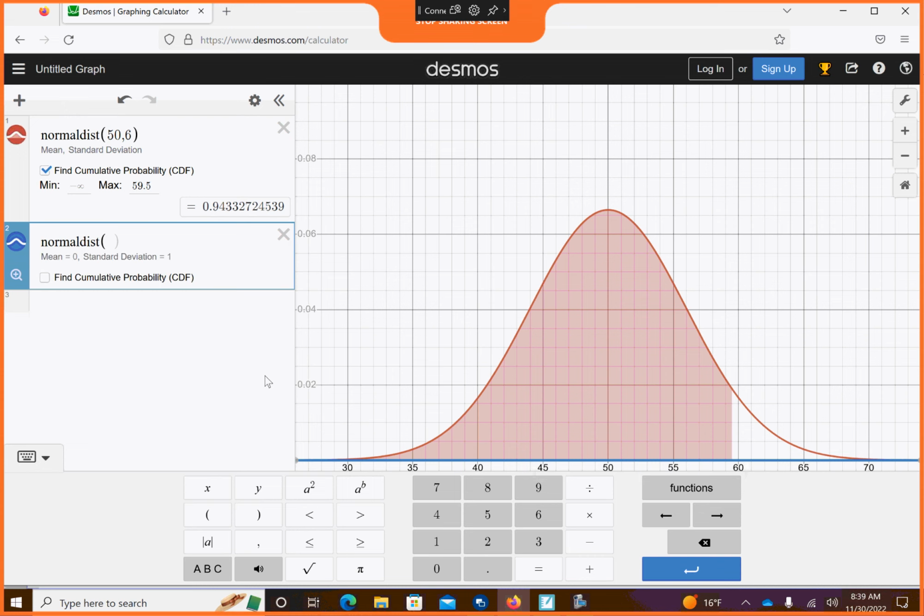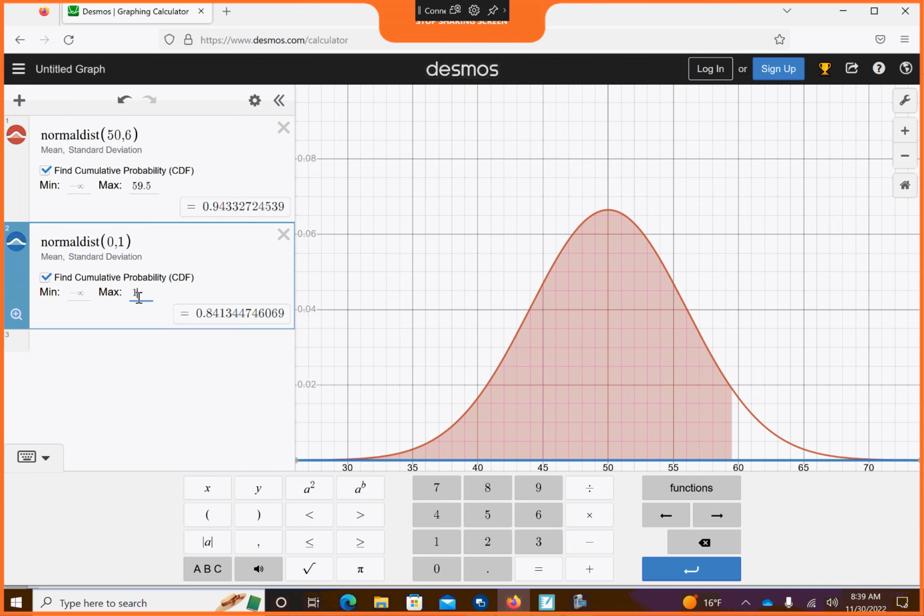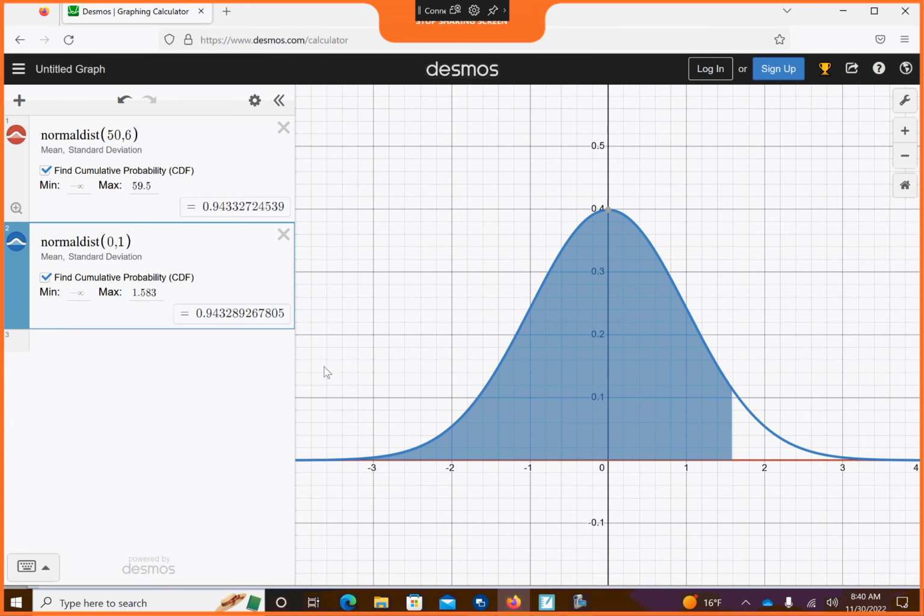But here I'm going to say my mean is 0, my standard deviation is 1, and I want to plug in the z-score of 1.583. So notice between the two answers, the answer is identical.